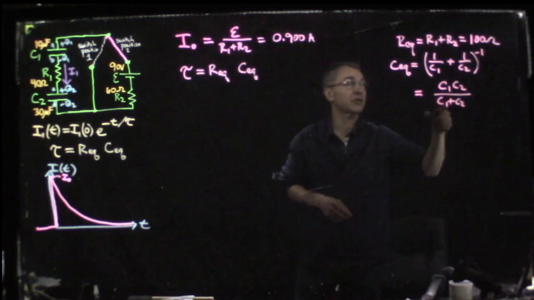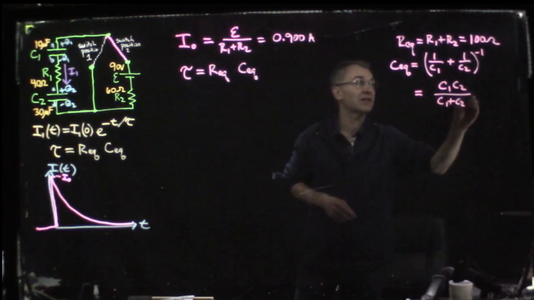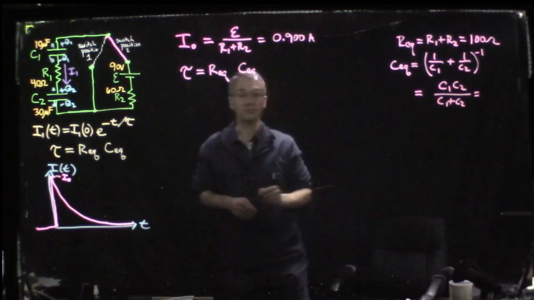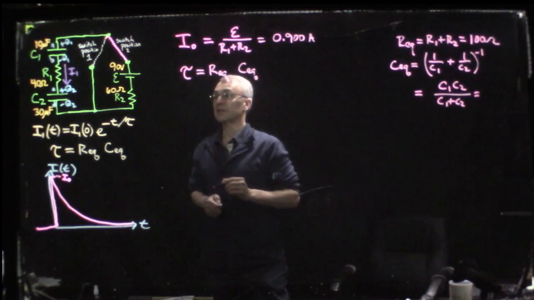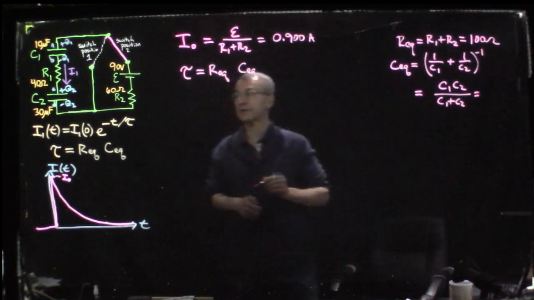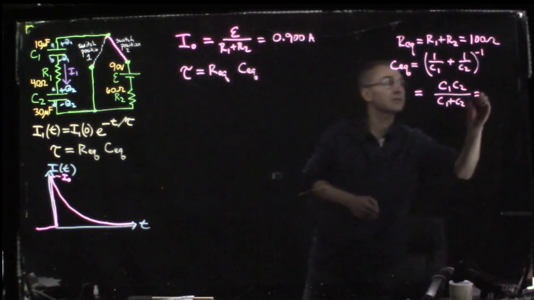Just be careful not to try to do this with 3 or more capacitors. You'll get the wrong units. So 30 times 10 is 300, divided by 40 is 7.5 microfarads.